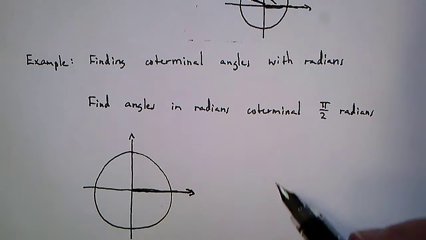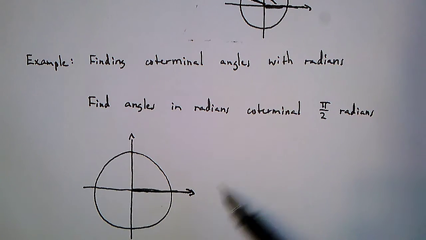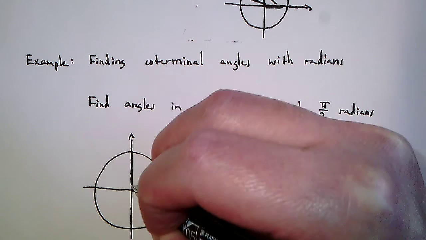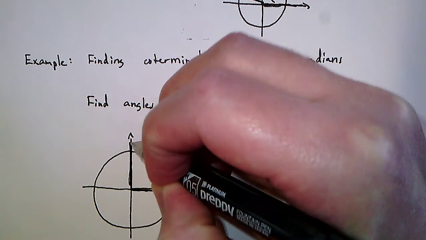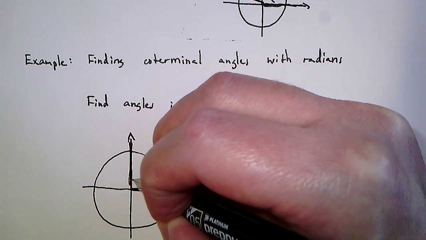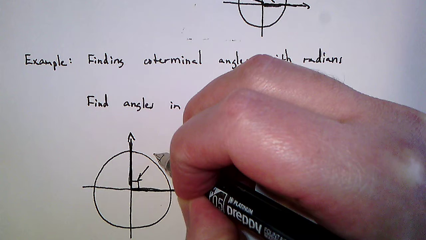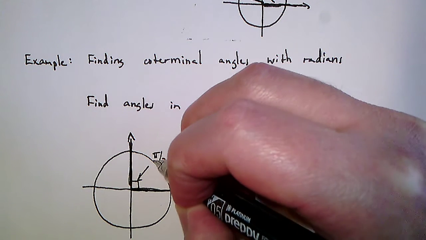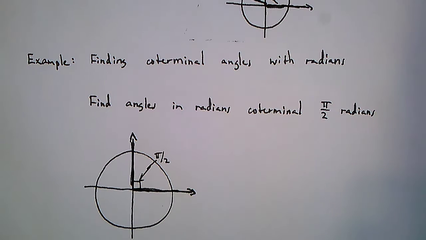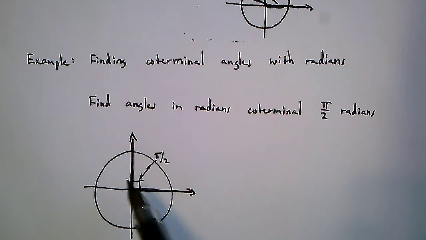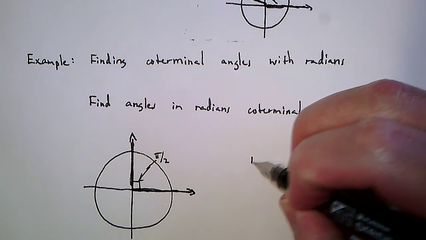And since the whole circle is 2 pi, pi over 2 is a quarter of the way around the circle. If we want to find a coterminal angle, we'll have to go all the way around the circle, either in the positive direction or in the negative direction. Let's do both of those.